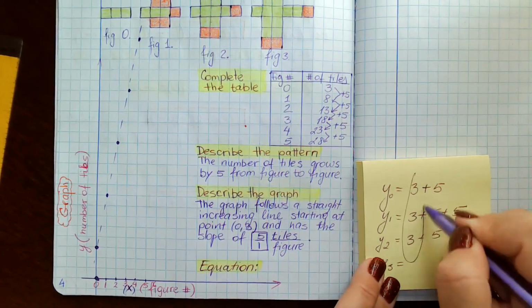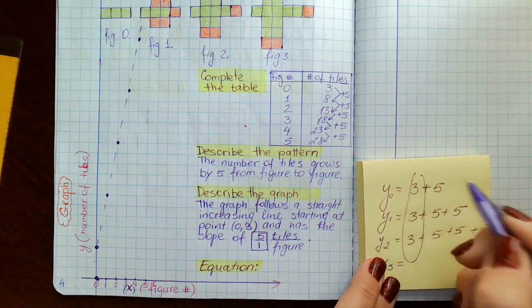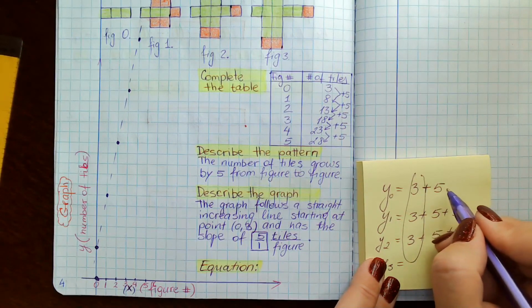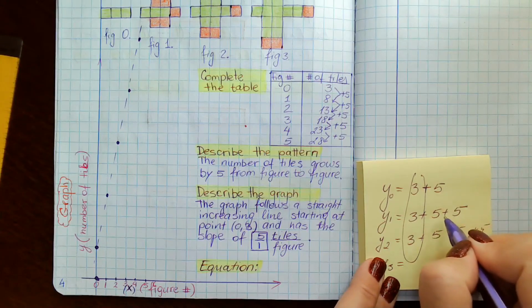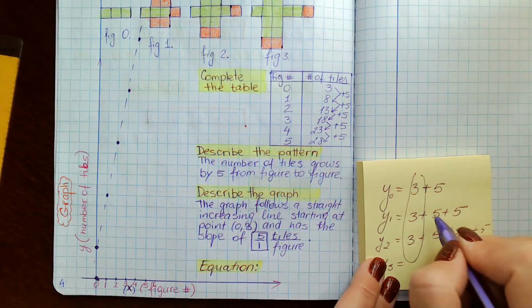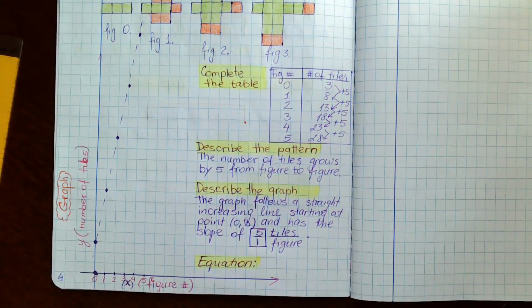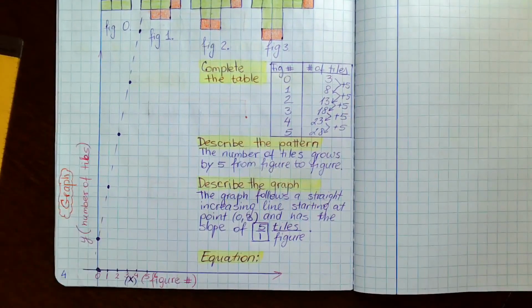The 3 was the y-intercept, so that is the common starting point. But then for every figure, it's like 5 and then 5 times 2 and then 5 times 3 and then 5 times 4. So the additional 5 from the pattern is the multiplier by the figure number.